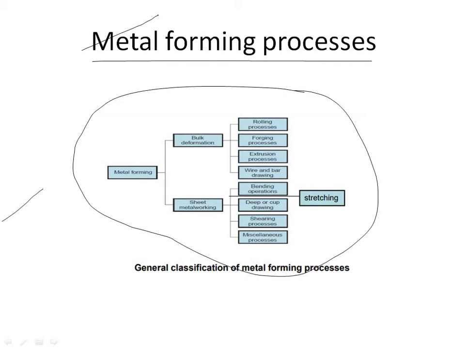What do you mean by exactly plastic deformation? There are two deformations, elastic deformation and plastic deformation. Elastic can regain its original position, but plastic cannot regain its original position. So the difference between elastic and plastic is this.